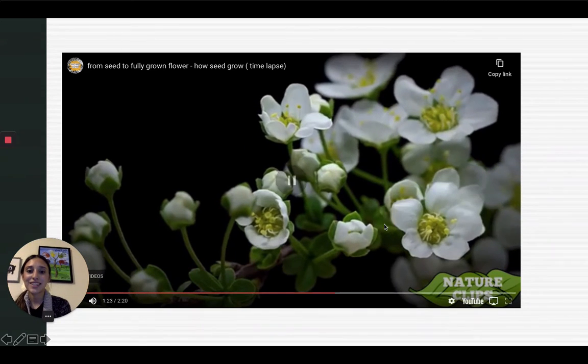So here we can see that the flowers are starting to bloom, right? So it's so cool to see all the steps that it takes to create a flower.